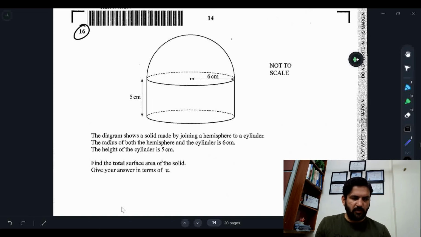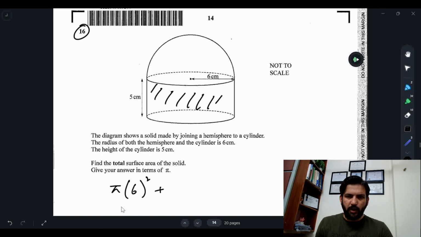Then this portion is basically a cylinder, and the curved surface area will be 2 pi r h. So the curved surface area will be 2 pi into 6 into 5, since the height of the cylinder is 5.